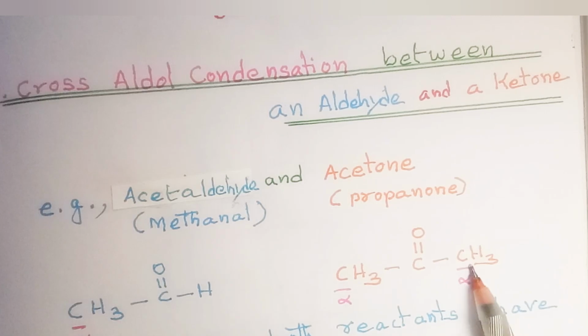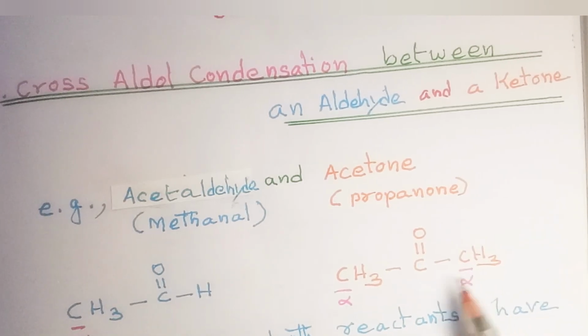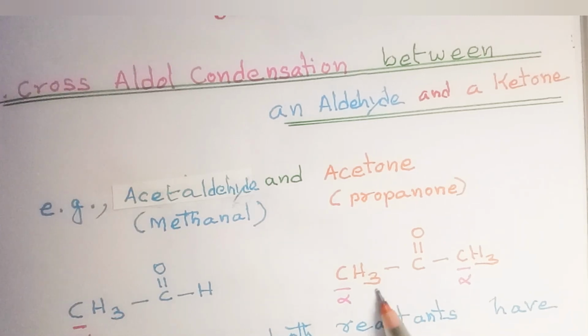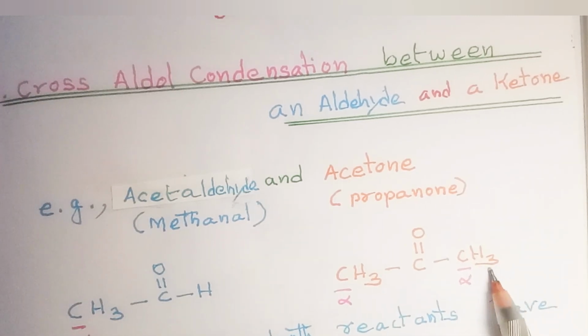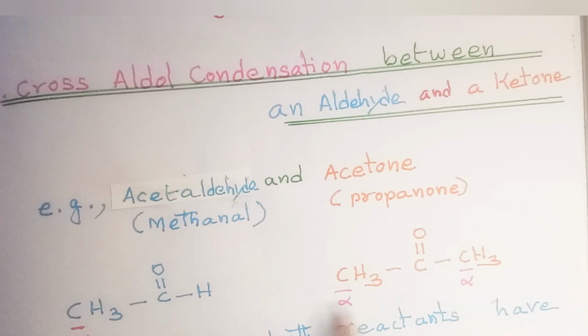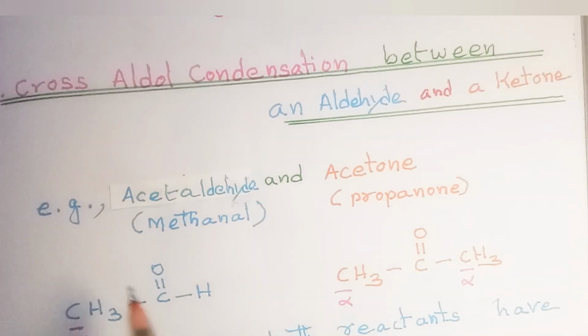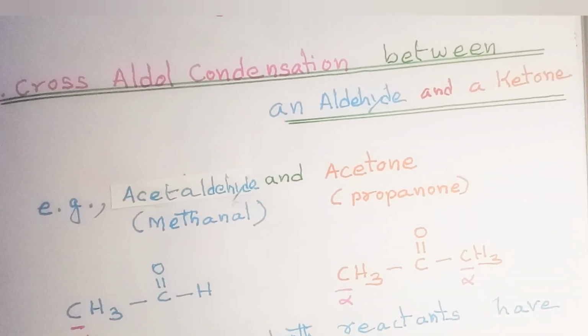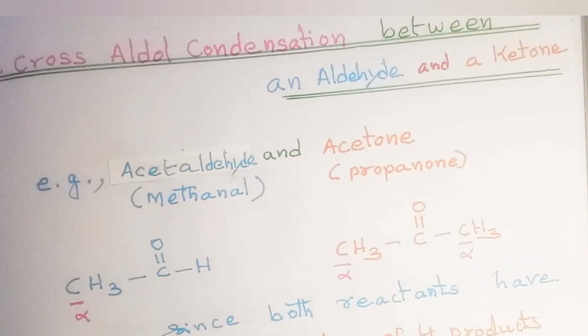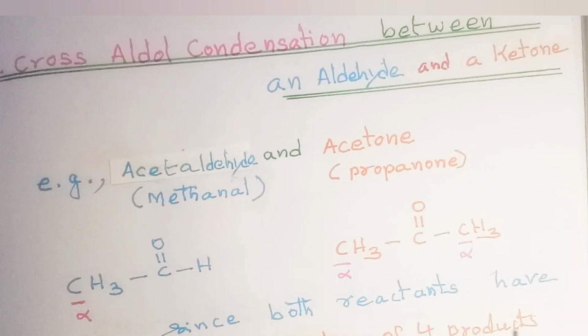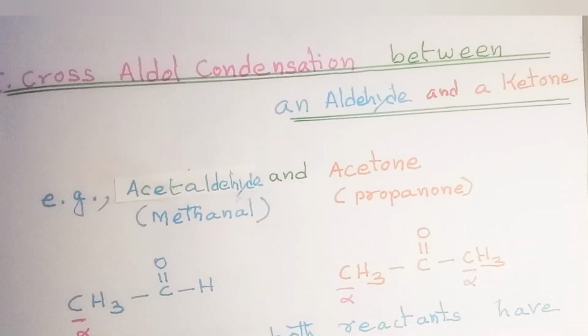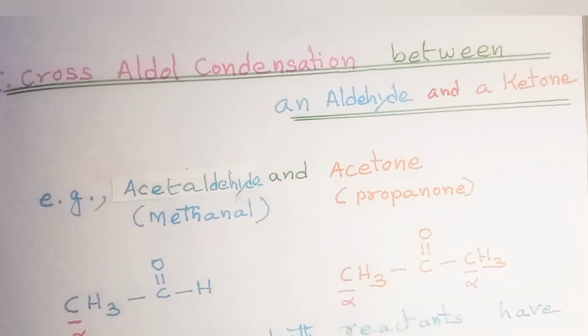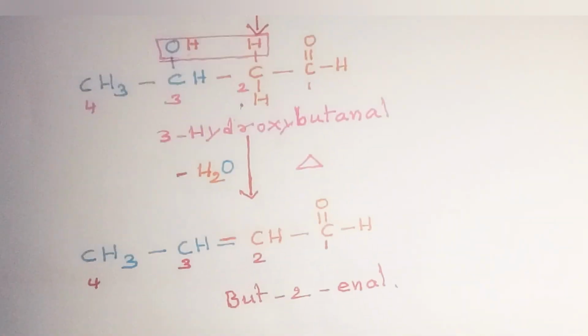This is also an adjacent carbon to the functional group, so this is also an alpha carbon. So it has 3 alpha hydrogen atoms here, 3 alpha hydrogen atoms here. Since both the reactants have alpha hydrogen atoms, they will give us a mixture of 4 products upon aldol condensation reaction. Let us see the reactions.